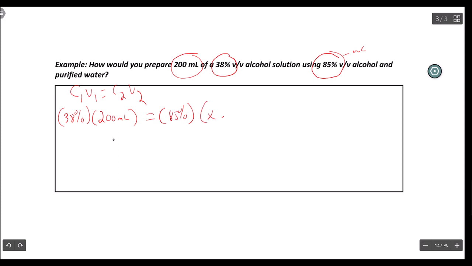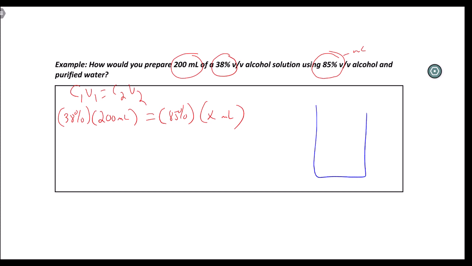Let me draw my little container here. It says, how would you prepare 200 mLs? So this is my little container, 200 mLs. And I want this to be a 38% volume of alcohol. How would I do that using 85% and water?